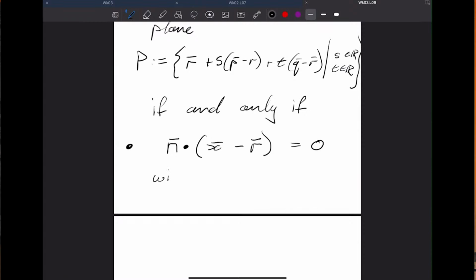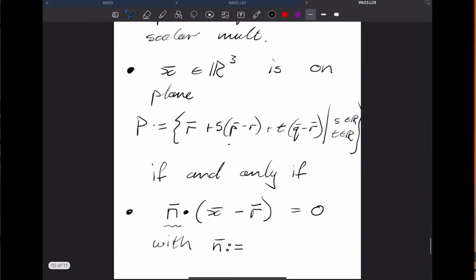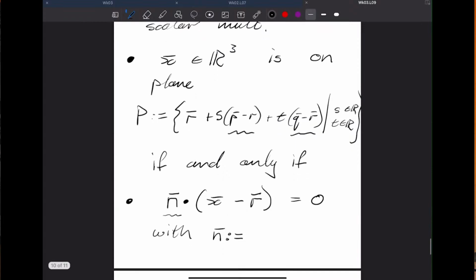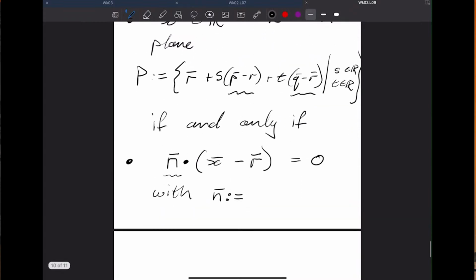And what is this N? This N is defined as being perpendicular to these two direction vectors for the plane, P minus R and Q minus R. But we know how to compute a vector that is perpendicular to both of these vectors. That is the cross product.